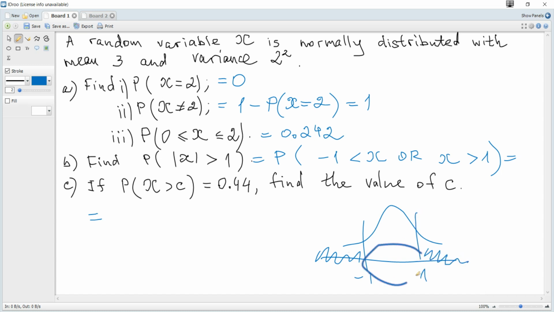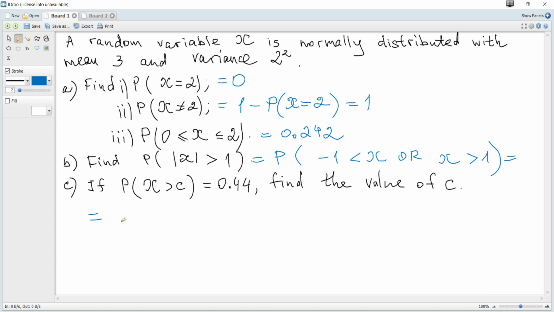It will be useful to rewrite as 1 minus unwanted region, and unwanted region is in between -1 and 1. So we can rewrite as 1 minus probability that x is greater or equal than -1 and less or equal than 1.